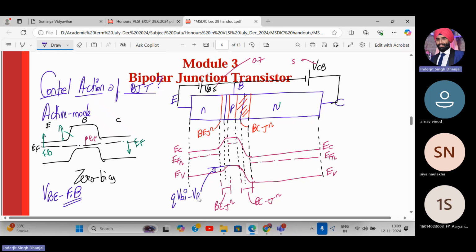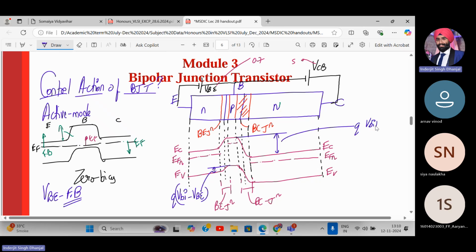Now it will be Q into (VBI minus VBE). So earlier this height was VBI, right? But now it will be Q into (VBI minus VBE). What about this height? It will be given by Q into (VBI plus VCB).